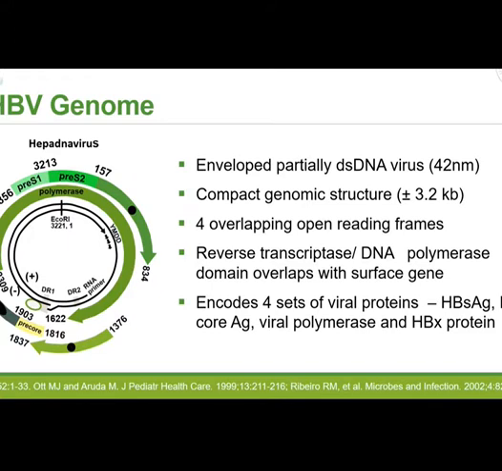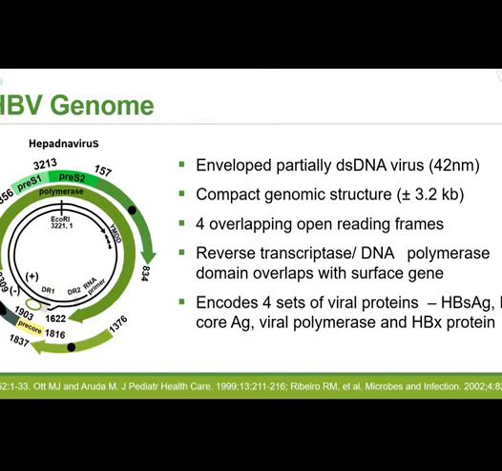This is the hepatitis B virus genome, and you can see it's partially enveloped. It's a very small DNA virus. In fact, it's just 42 nanometers, and it has 4 overlapping open reading frames, which you can see here.